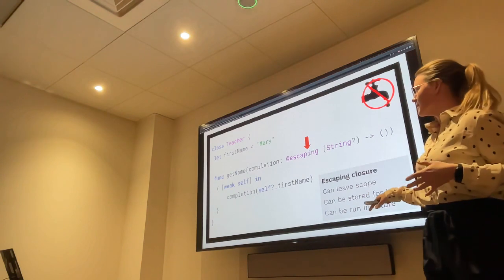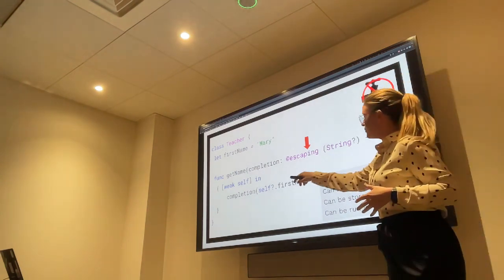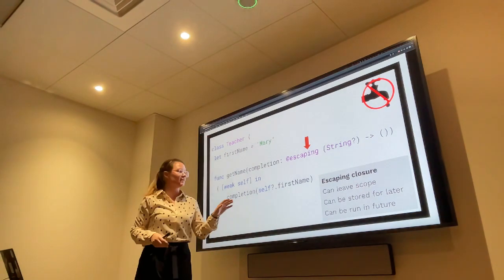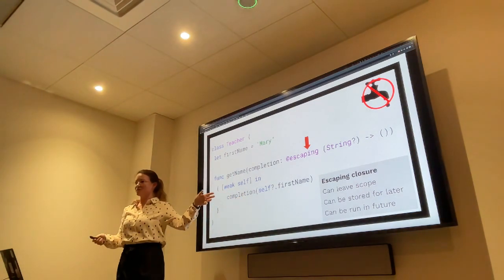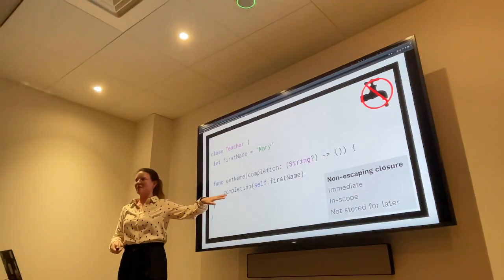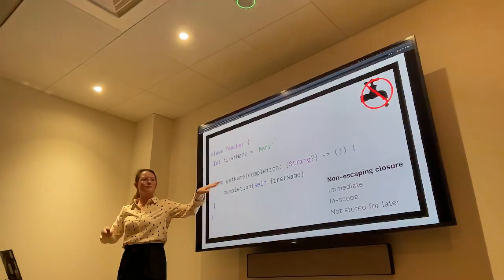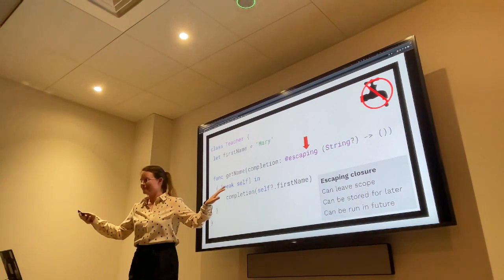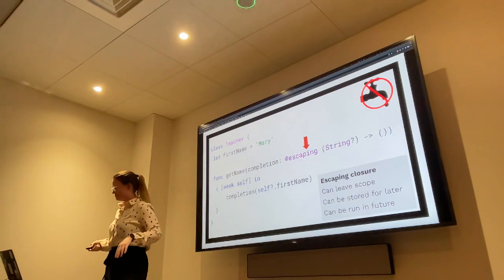And it's for that risk that we have to use the weak self in this case, to make sure that self actually exists first. So, recap. Non-escaping, you can have a strong reference to self. Escaping, you must always have weak self, or unowned, but I speak more to weak self here.